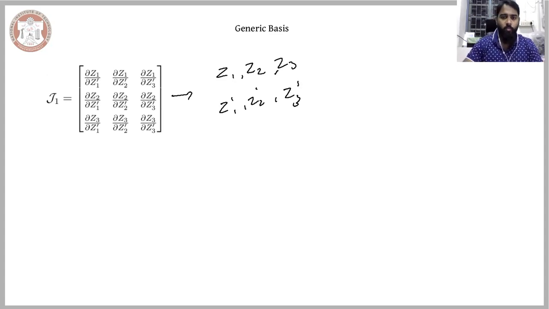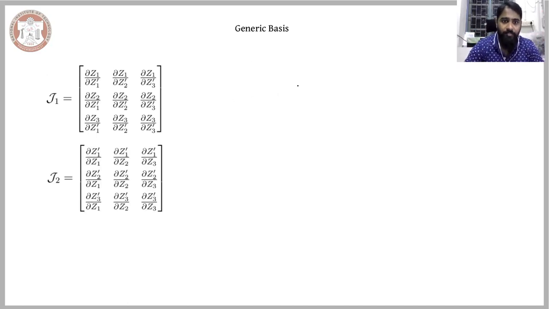So we are considering the Jacobian between these two frames of reference. In case of J1, we are considering how the Z1, Z2 and Z3 are changing with respect to the prime frames of reference. Now we can also have another Jacobian which tells us how the prime frames of reference are changing with respect to the Z1, Z2 and Z3.